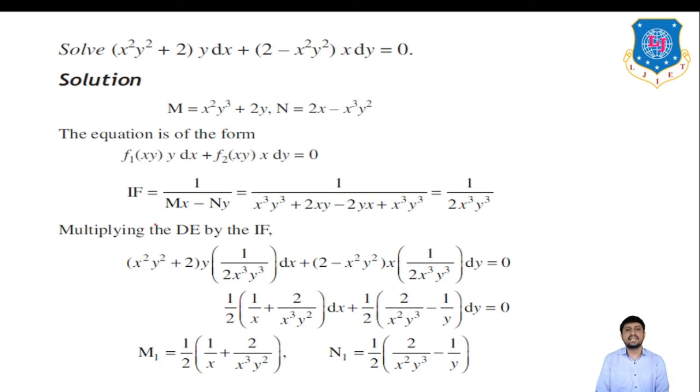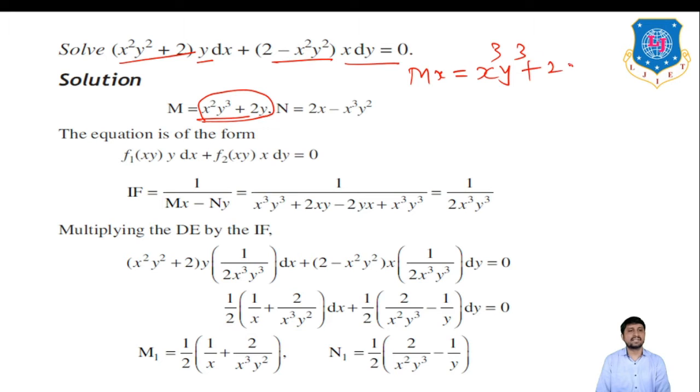So now we can apply case 3, because this is f1(xy) into y dx plus f2(xy) into x dy. The integrating factor is 1 upon m into x minus n into y. What is your m? m is x square y cube plus 2y, and we multiply with x. So m into x is x cube y cube plus 2xy, and n into y is 2xy minus x cube y cube.